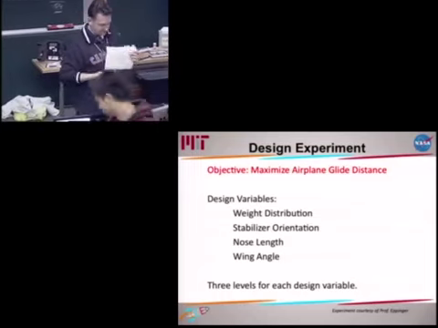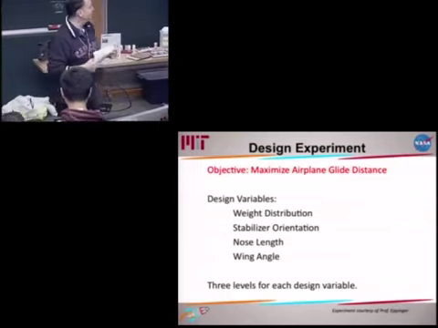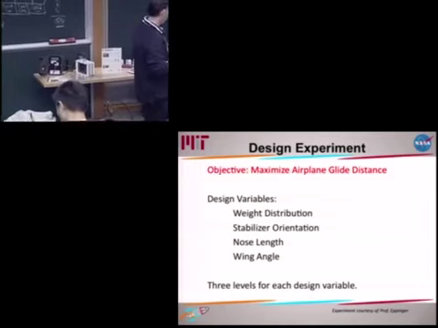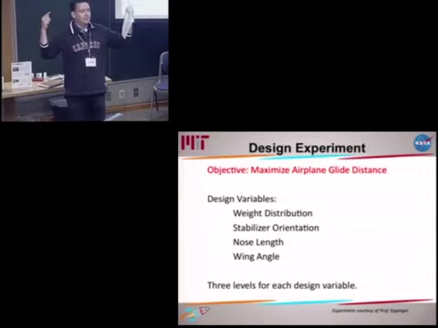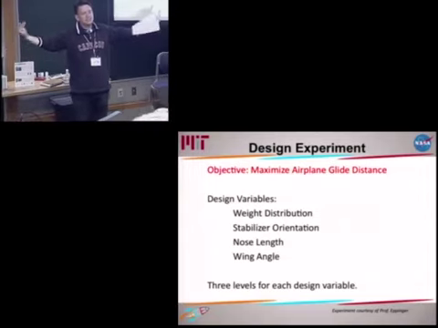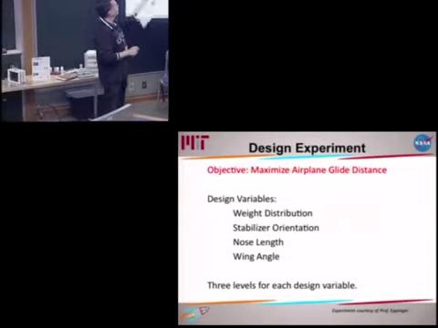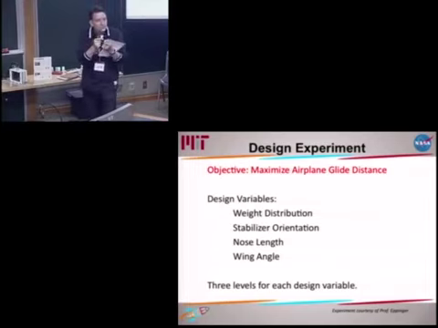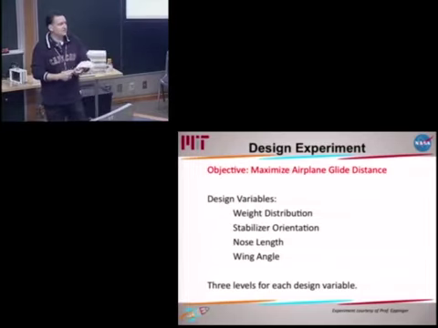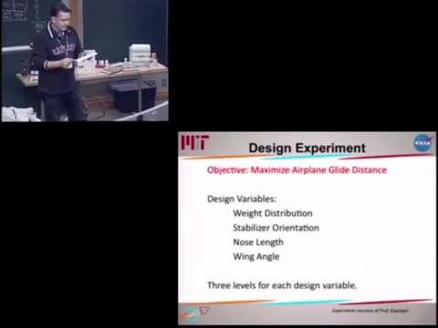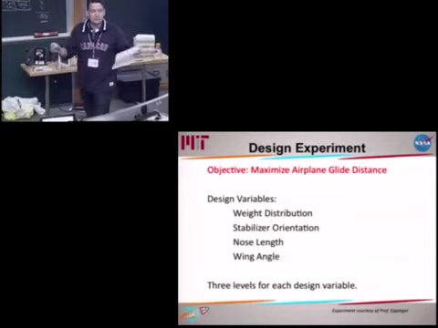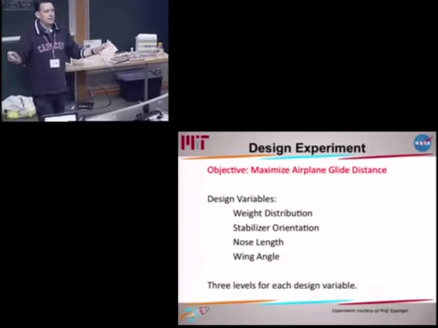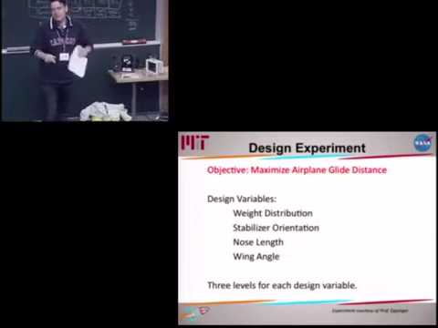There are 3 settings here, A1, A2, and A3. The stabilizer orientation, that's factor B: the stabilizer up, flat, or down, essentially the wingtip. The nose length, factor C: short nose, medium nose, or long nose. And then D is the wing angle: is the wing straight, swept inside, or swept outside?